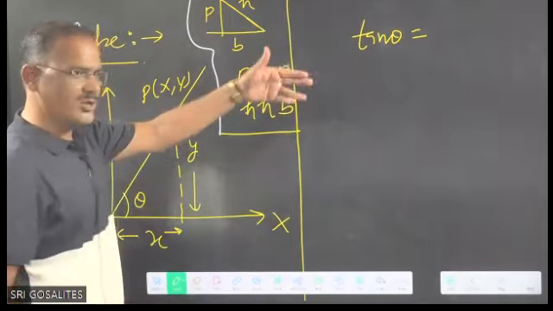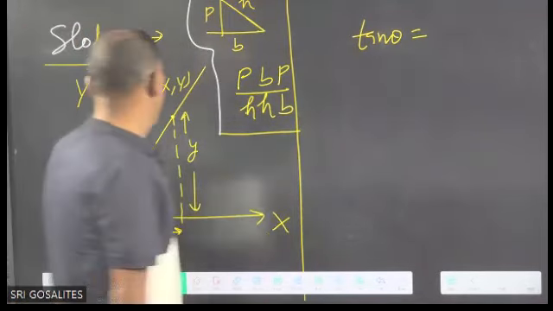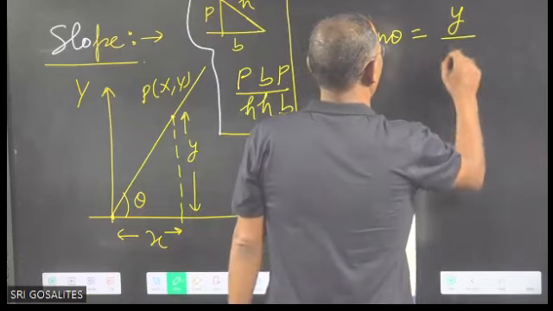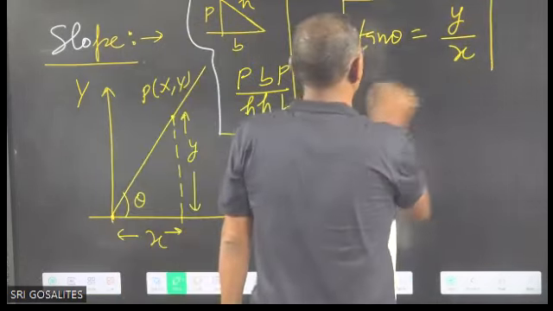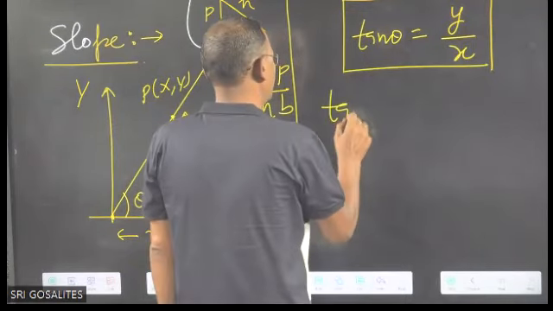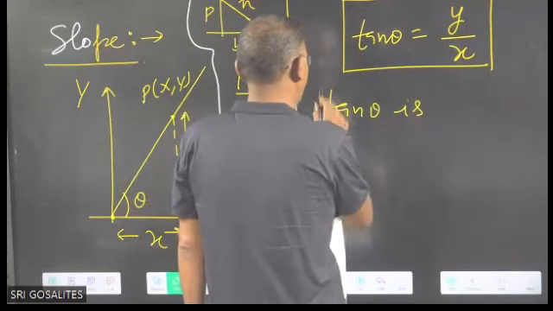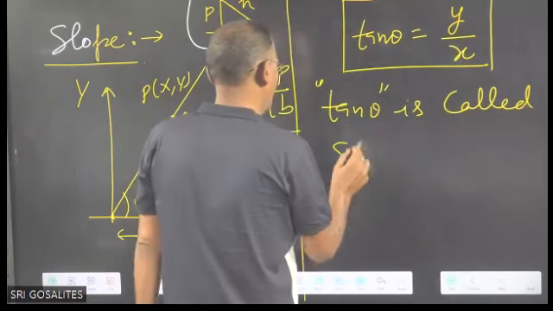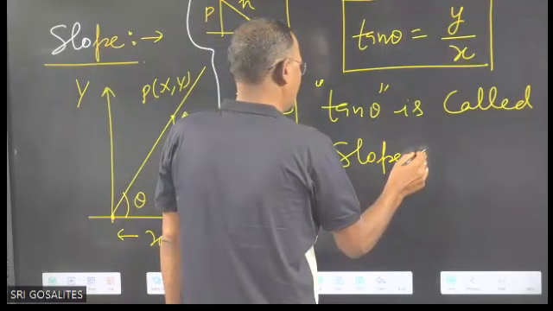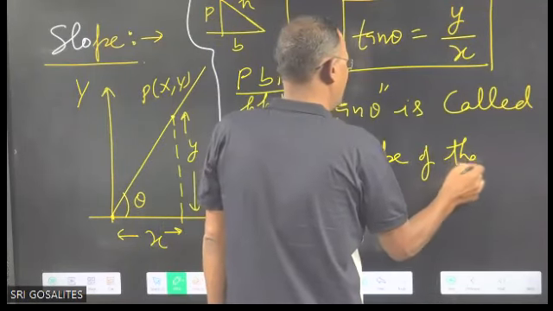Anyways, come back to the slope. Tan theta is how much? Perpendicular upon base. This tan theta is called the slope of the line.